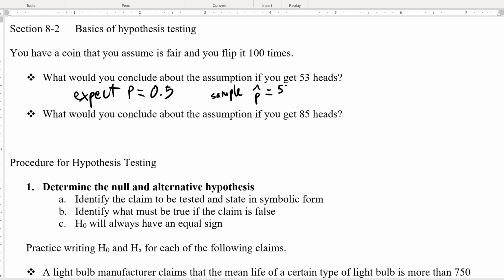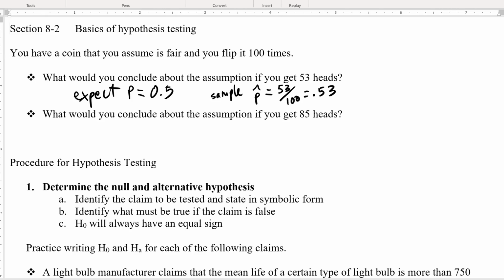We got 53 out of 100, so we got 0.53. Would you expect that to be unlikely or likely to happen? Well, if 50% is what we're expecting and we got 53%, that's pretty close. And so I go, yeah, you're going to have some variation in sampling, not freaking out about this.